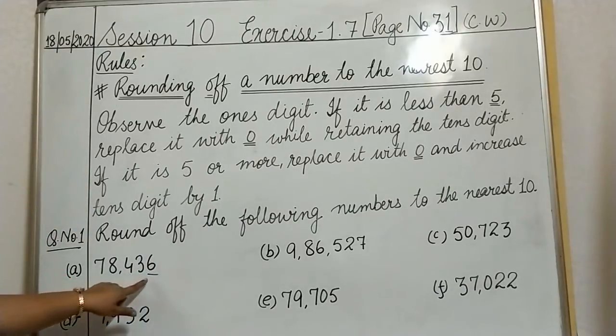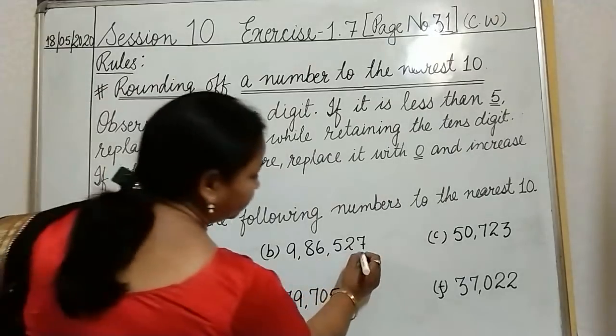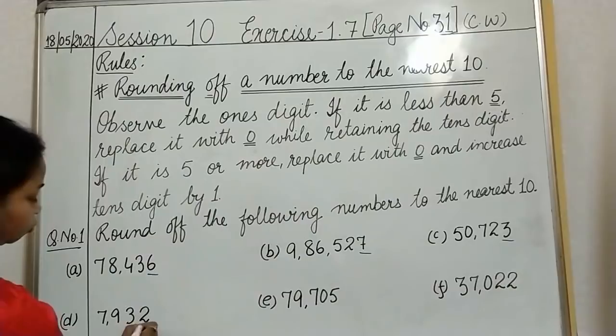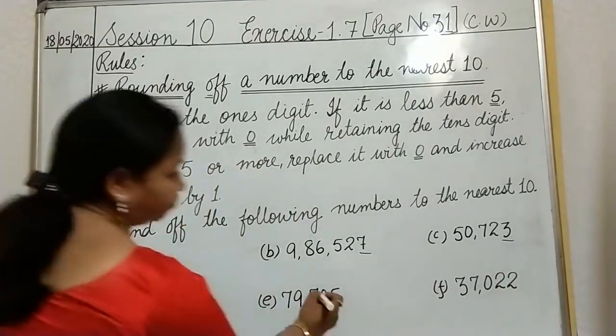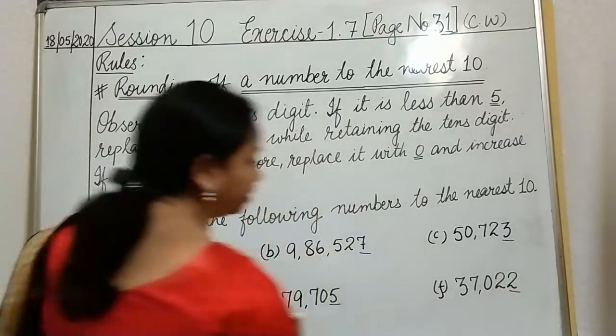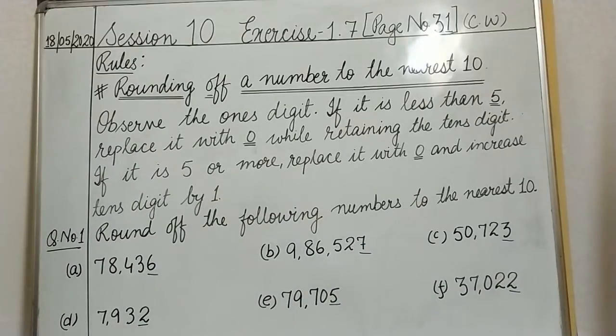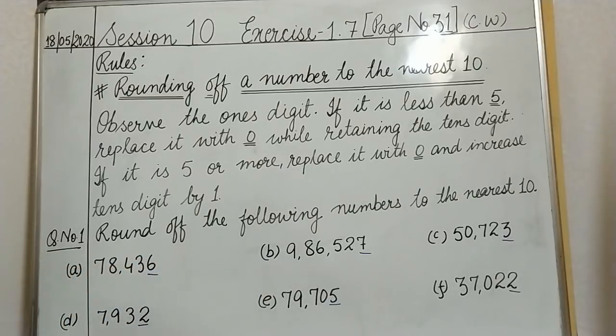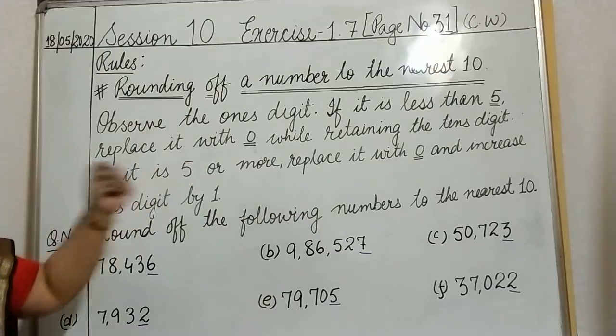So for A, the ones digit is 6, then 7, then 3, then 2, then 5, then 2. Done? Fine. What we have done is just underlined the digit which is present at the ones place, right?